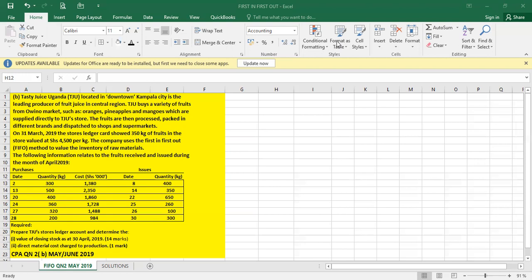It's not like in financial accounting, where you only consider FIFO and weighted average, because LIFO is not recognized by IAS 2 on inventories. In cost and management accounting we take everything, because here we are not following IAS 2. So allow me to proceed and we'll go through the question so that we can analyze everything.